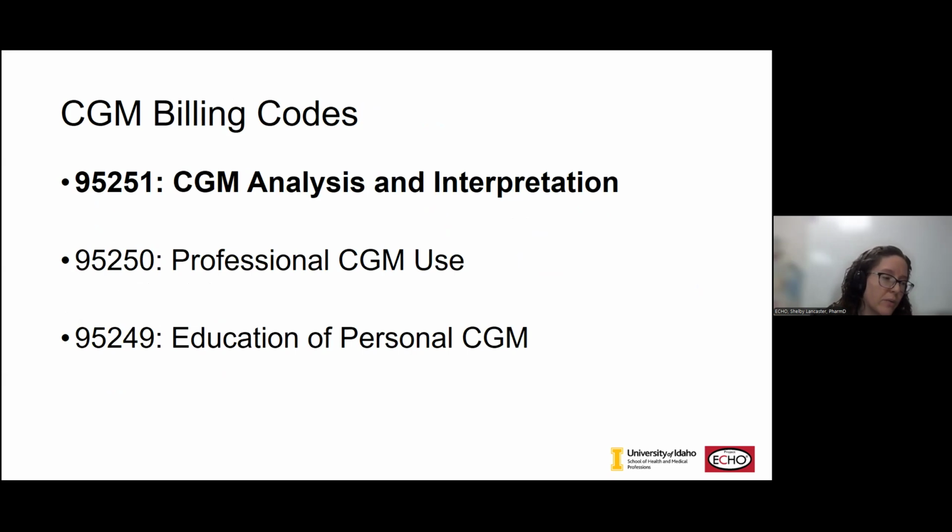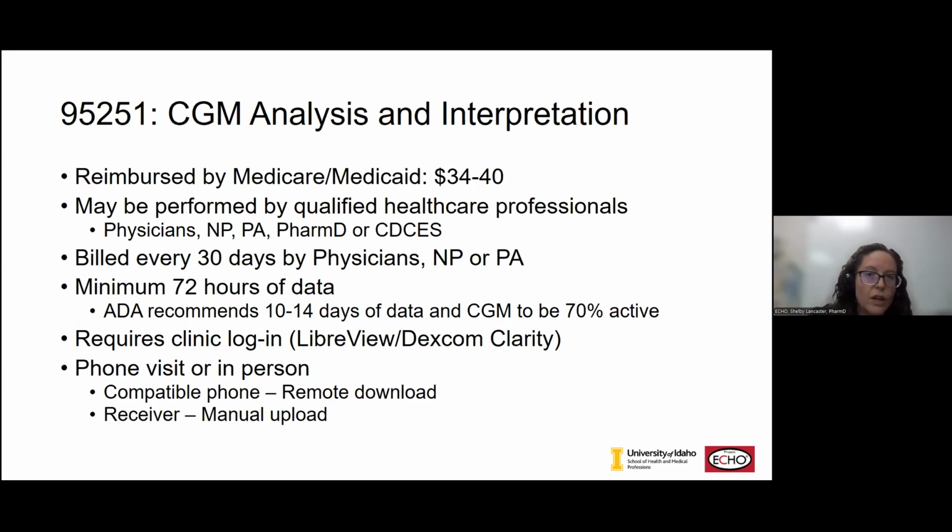The next thing I wanted to cover was the CGM billing codes. This is something that has been helpful within Family Health Services to provide some reimbursement for reading some of these. Specifically, I'm going to focus on the 95251 code for CGM analysis and interpretation. It is reimbursed by Medicare and Medicaid up to $40 per billing.